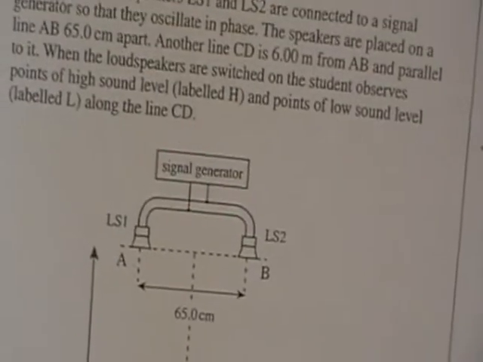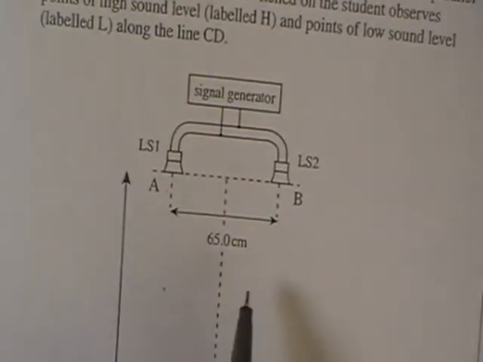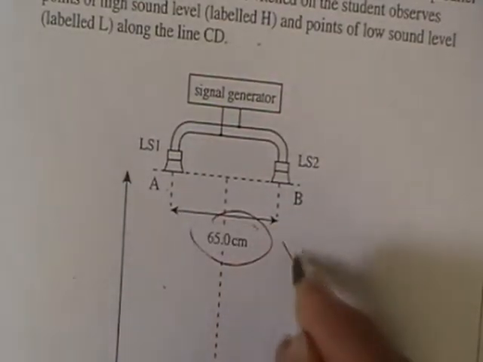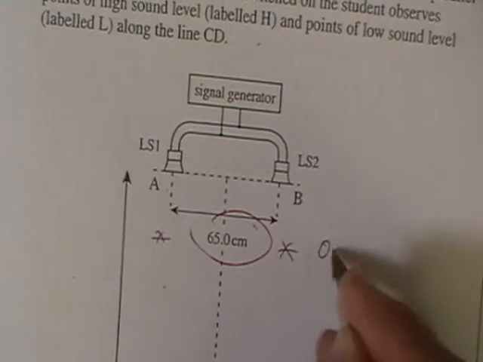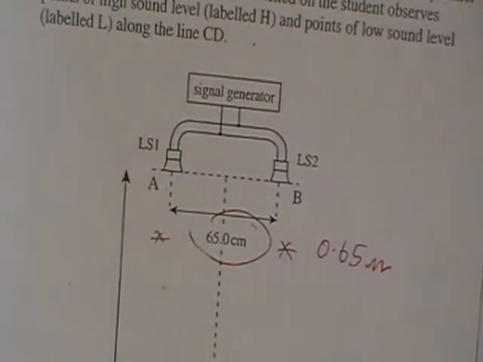If we take a look at the previous diagram, the distance between A and B is 65 centimeters. Just be careful with that. That's 0.65 meters, so we're going to have to change that when we're doing the calculation.